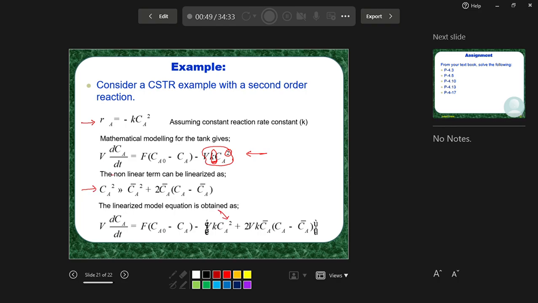However, if K is a function of temperature, then we cannot use this approach.